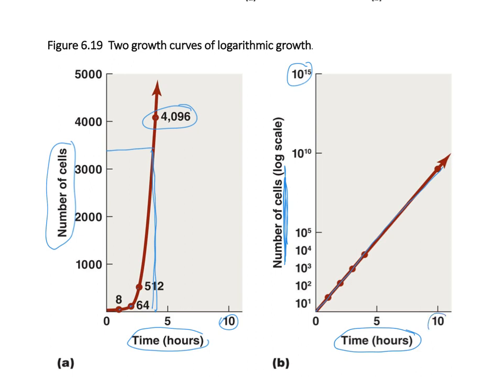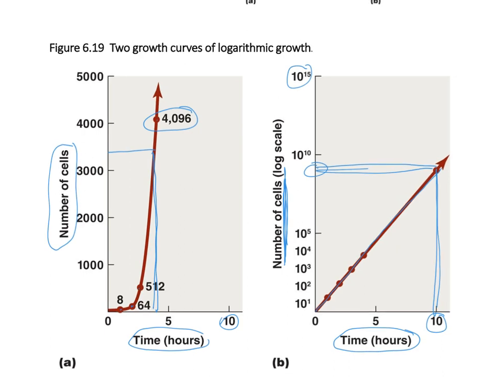If we want to know how many cells we have at 10 hours, we can draw a line over and figure out the number of cells that are likely to be there. So it's more helpful to graph using semi-log paper, and you may do that if you take an upper level microbiology class.